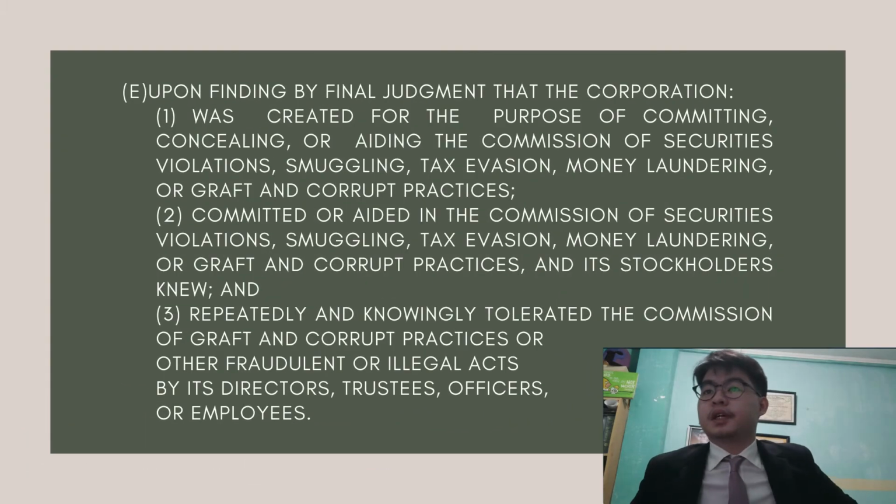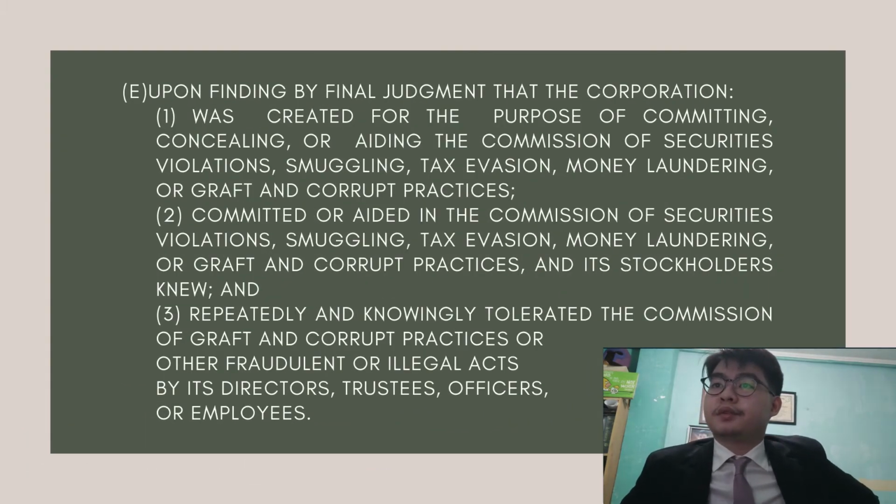The fifth ground will be upon finding by final judgment that the corporation, firstly, was created for the purpose of committing, concealing, or aiding the commission of securities violations, smuggling, tax evasion, money laundering, or graft and corrupt practices. Second, committed or aided in the commission of securities violations, smuggling, tax evasion, money laundering, or graft and corrupt practices, and its stockholders need.